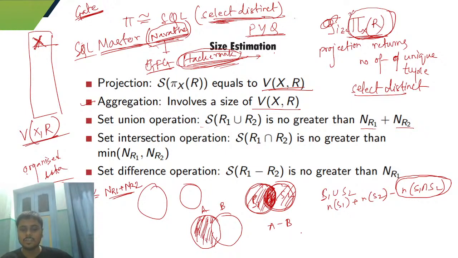So it is actually the number of tuples that are in R1. And if some tuples have an intersection with B, you just need to subtract the tuples that have the intersection.